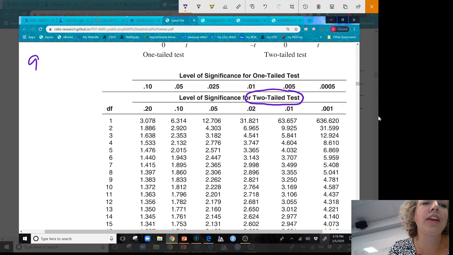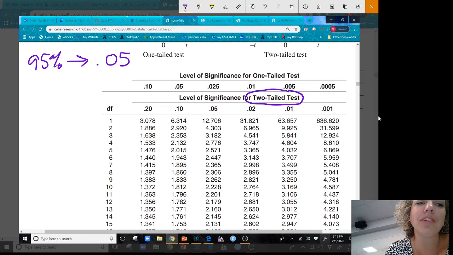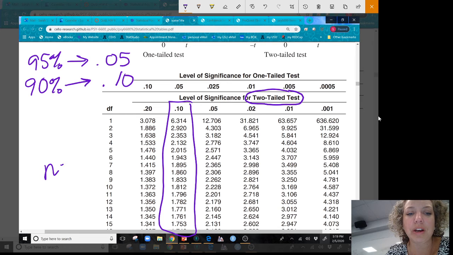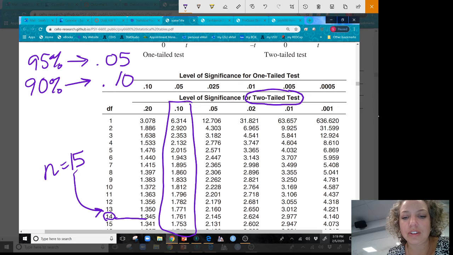If you're doing a 95% confidence interval, you use alpha of 0.05. We're doing a 90% confidence interval, so we'll say alpha is 0.1. So that's this column. And our sample size was 15, so our degrees of freedom is 14.